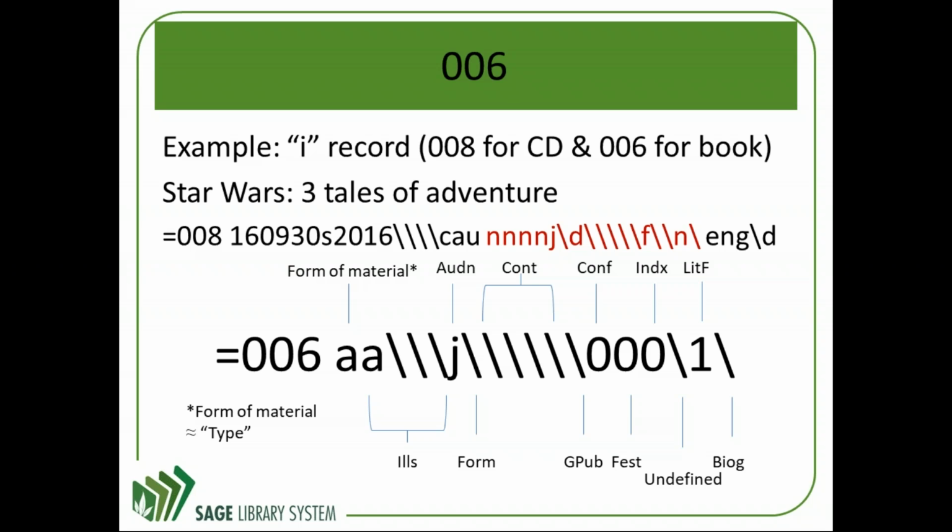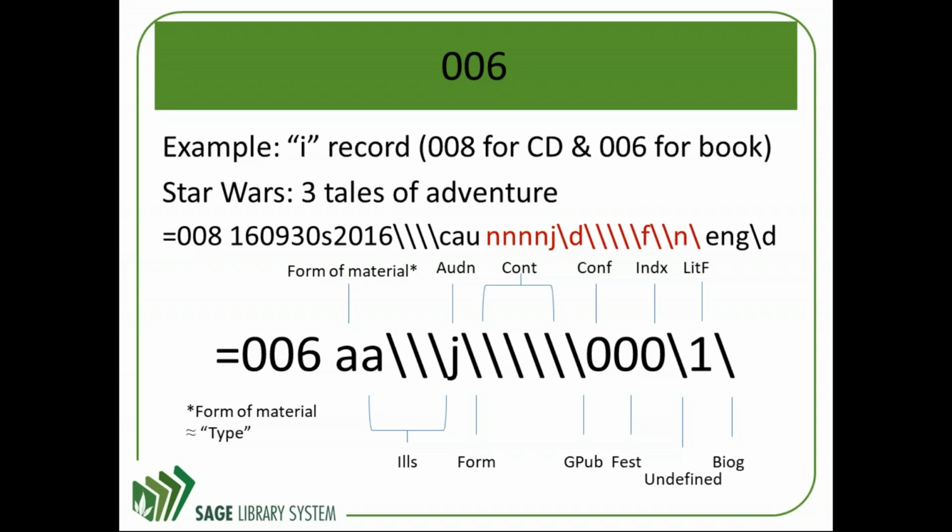So that is left blank. If there were a bibliography, then we might actually put a B in there. But in this case, there wasn't a bibliography, so all of those end up being blank. Again, it's not a government publication. It's not a conference publication or festschrift. There was no index. The next position is set as blank because it's undefined.